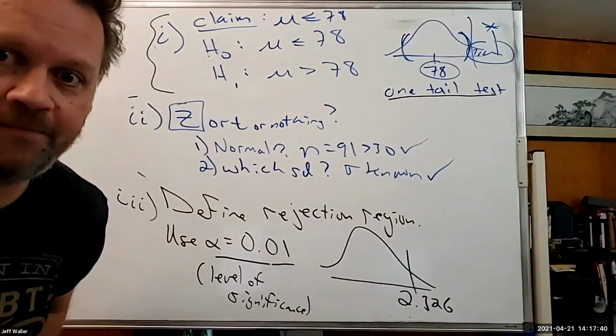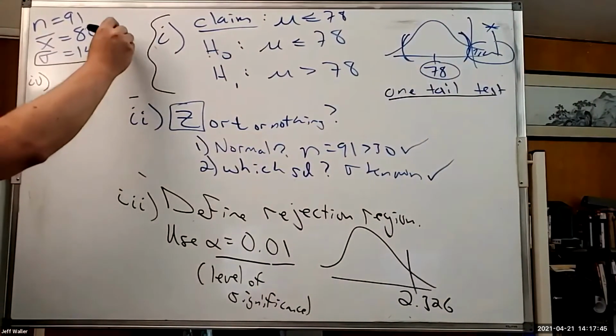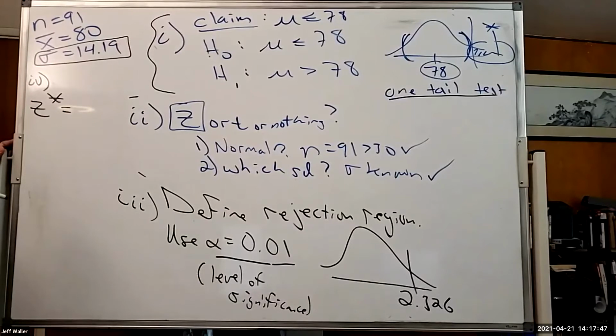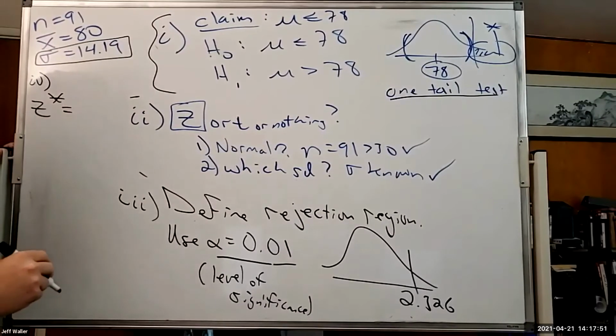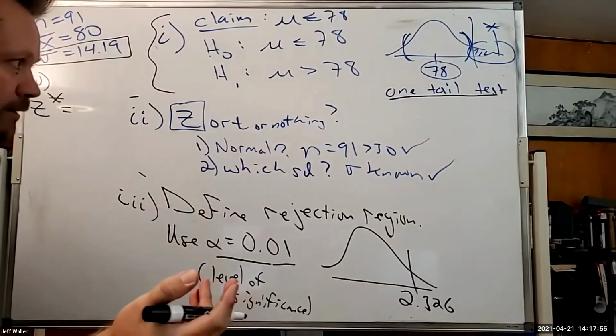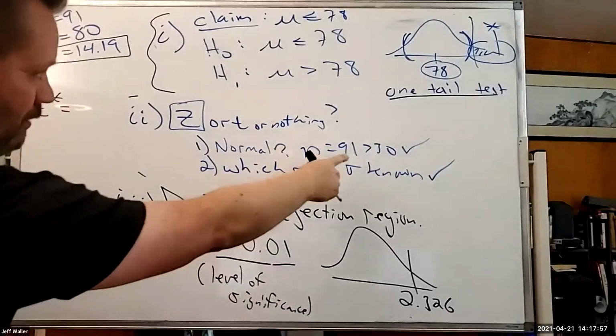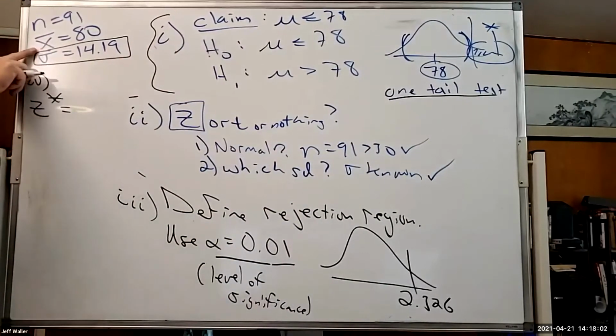Now, before I calculate this, what do I need to do with this? Did we take a sample? Yes, we took a sample. Are we talking about the sample mean?